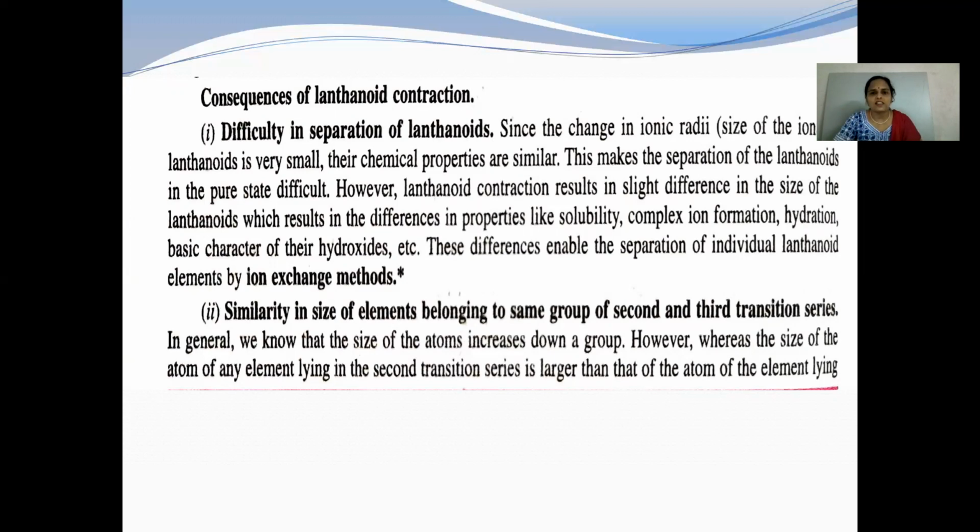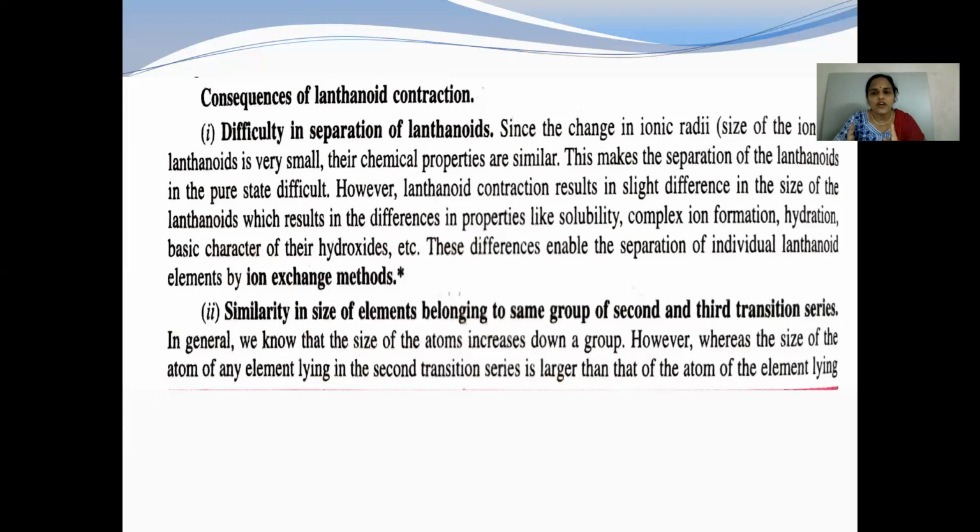Let's see the second consequence. It is similarity in the size of elements belonging to the same group of second and third transition series. We in general know that the size of the atoms increases down the group.